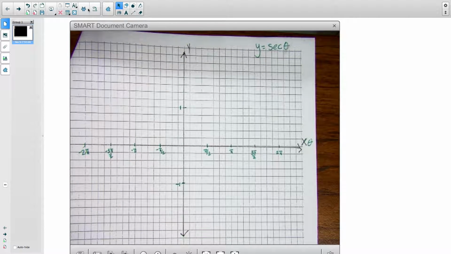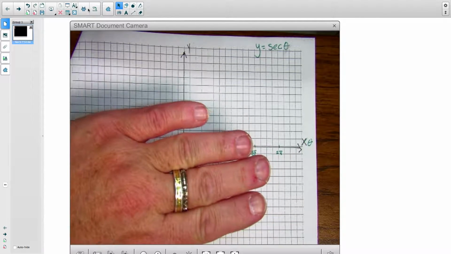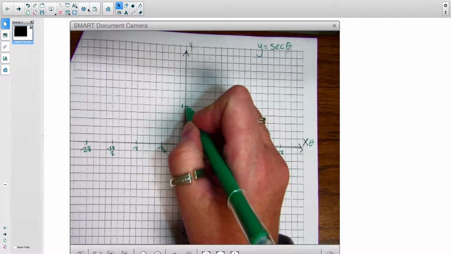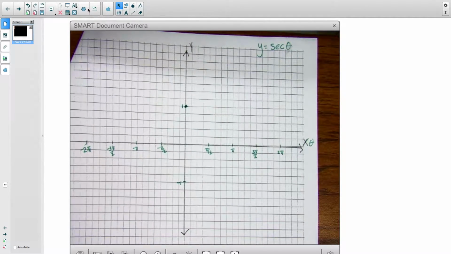All right, for secant, it's a reciprocal of which trig function? The cosine. So I am going to graph the cosine on here, but as a dotted line. Cosine starts where? Cosine makes your u.